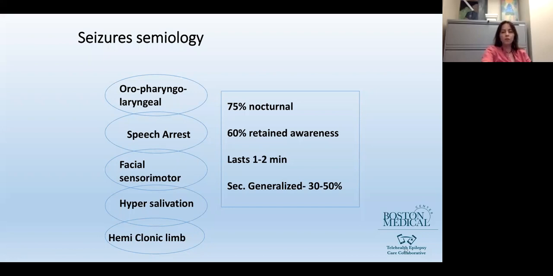With most of the seizures that involve the oropharyngeal area, we are going to have hypersalivation due to the inability to swallow and clear our secretions.